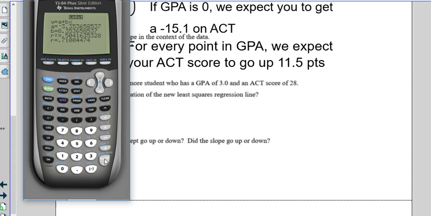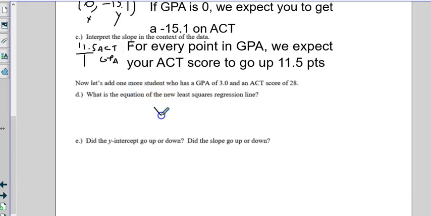So, our new line, look what happens to it. Y hat equals, our new y-intercept is negative 3.4, and our new slope is 8.4. That's right off your calculator. So that's the new regression line equation. Now, look what happened.